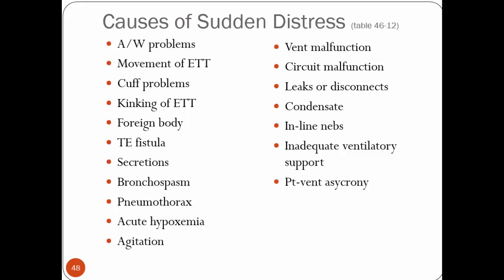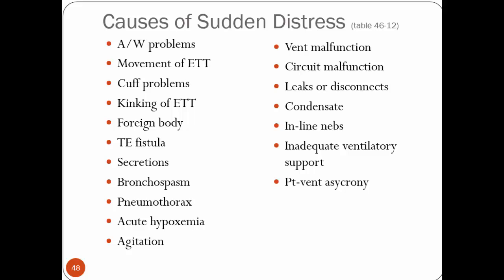Acute hypoxemia. And again, there's got to be a reason for that, but many times, you can just offer them some extra oxygen, like just engage the oxygen that you use during suctioning, and that might catch them up enough to where it's not an issue. Of course, agitation is always an issue.